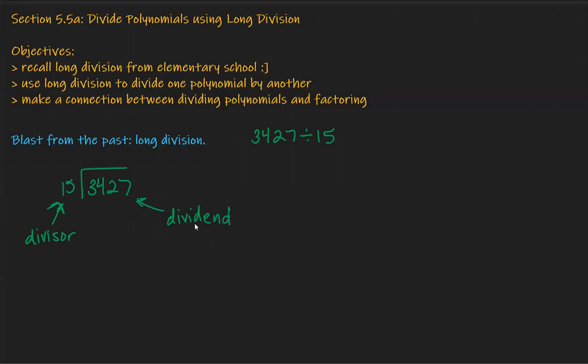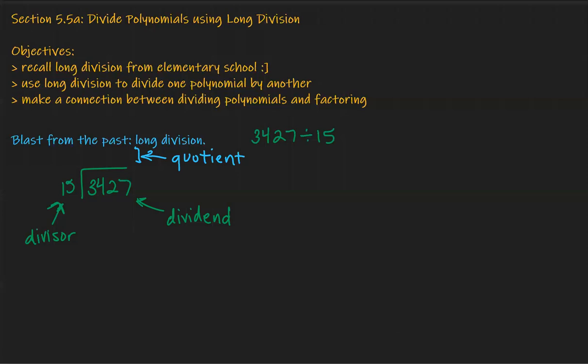It's a fun word to say. And whatever answer we get here is going to be called our quotient. Just remind yourself of these words, because we're going to talk about them again when we get into the actual long division of polynomials.